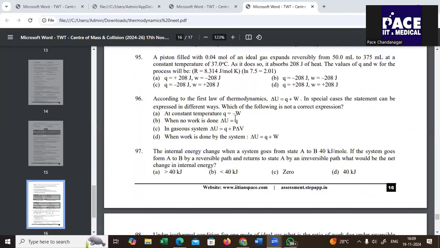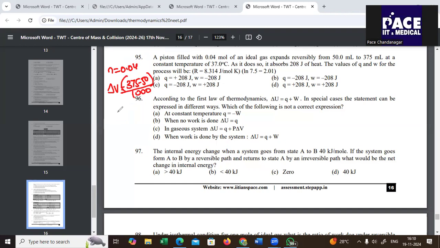Question number 95. A piston filled with 0.04 moles, N is equal to 0.04 moles, expands reversibly from 50 ml to 375 ml. Delta V is equal to 375 minus 50, this is in ml.